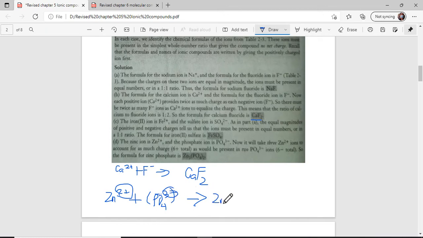Your zinc will be 3, your phosphate will be PO4, right? You need to parenthesize it so you can show that for the phosphate ion, you need 2. Right? Same thing. So if you have three zinc, it will result in positive 6. Okay? This will now be the result of its ion charge. Then if you have 2 phosphate, it will turn into 6 minus.